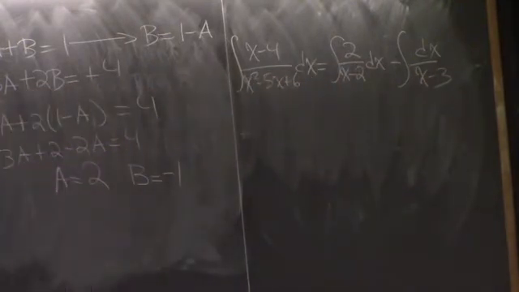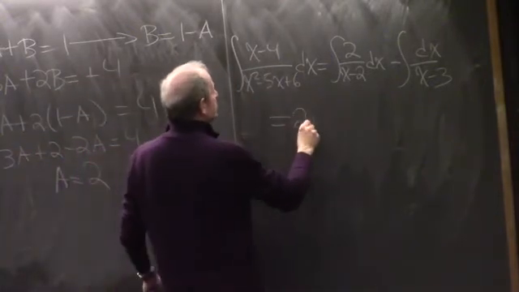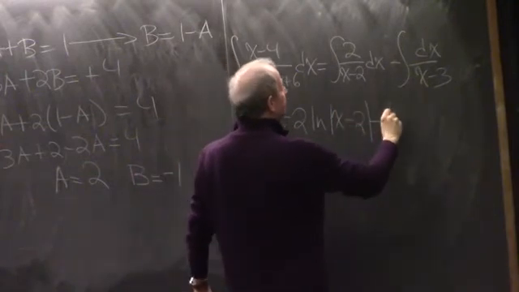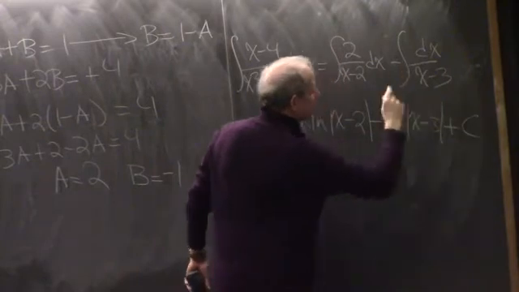There's lots of steps. It's really not fun to grade this. So this is 2 natural log of x minus 2 minus natural log of x minus 3 plus a constant.